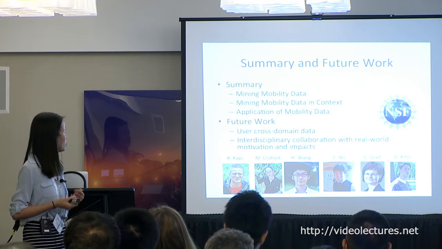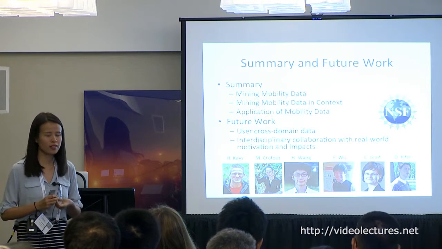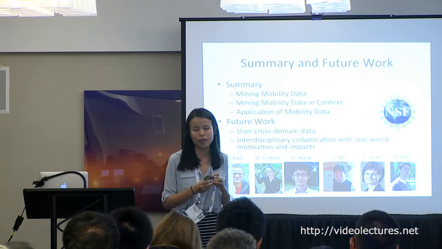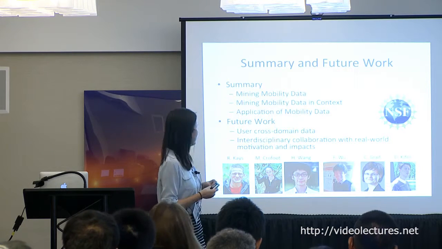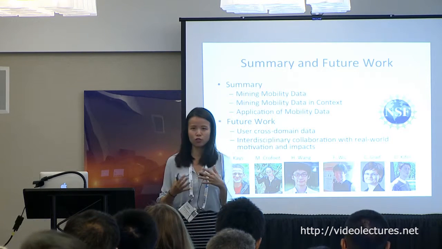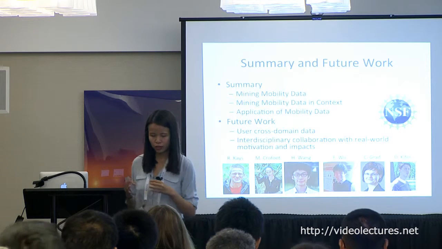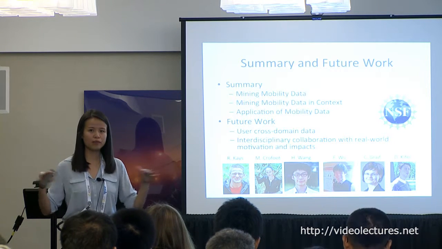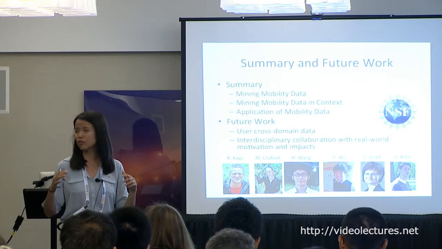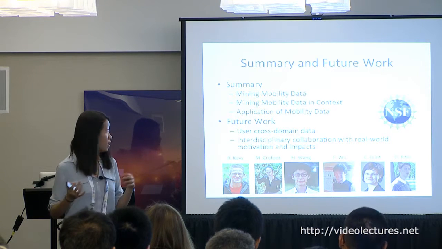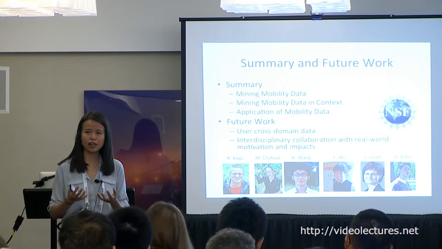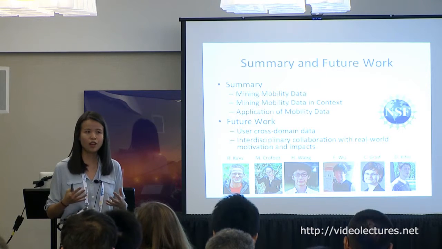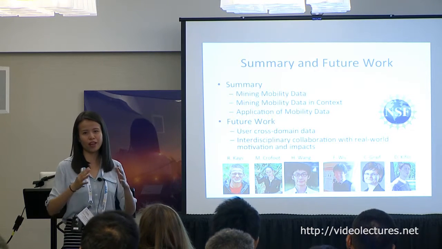Maybe the takeaway point is that there have been a lot of works in mining trajectory data. But I think now the focus should be switched to using all the data we have, using many different data, maybe even collected from different domains, and how to really fuse the data from different domains together to help us better understand each other, because it is all one unified ecosystem.